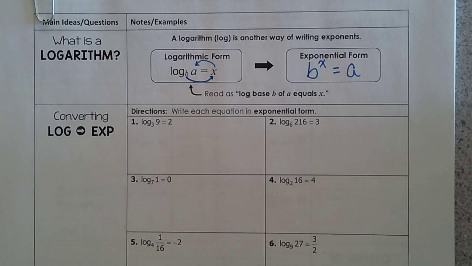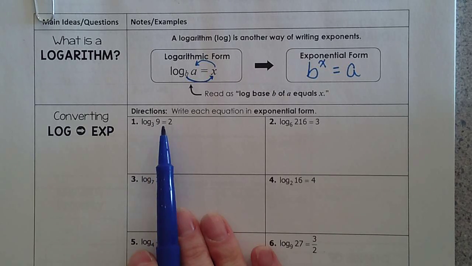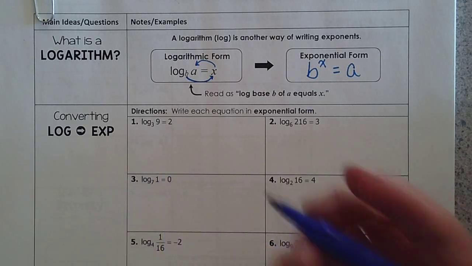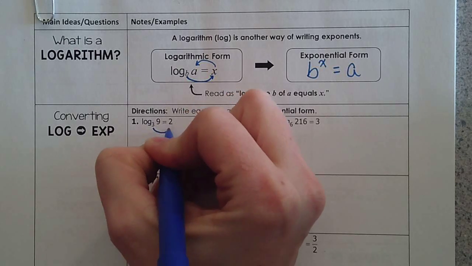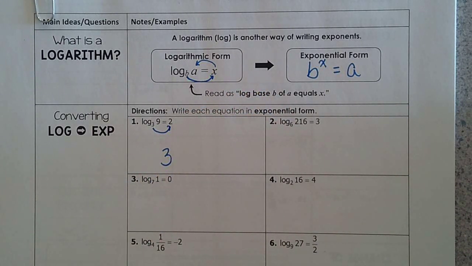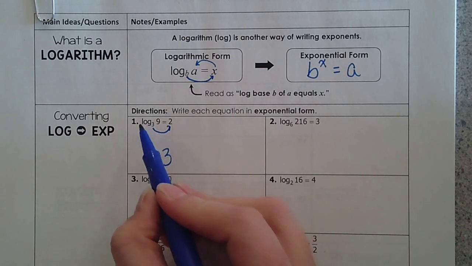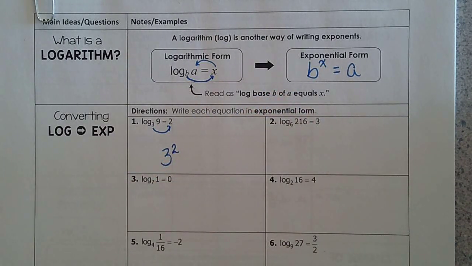Okay, so we're gonna practice rolling into an exponent. Then we're gonna practice rolling back to a log so we can move back and forth between the two. I'm looking at number 1. It says log base 3 of 9 equals 2. If I look at my roll, I start with my base, log base 3. 3 is the base of my exponential equation. A log equals an exponent, so my exponent is 2.